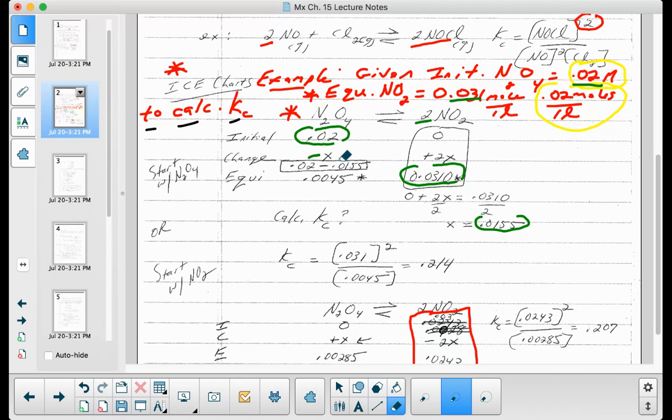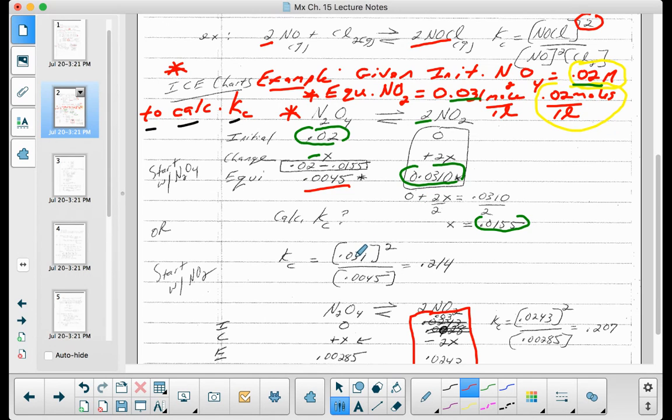So when I do this, I now know what my equilibrium concentrations are. I know that the N2O4 is 0.0045. This one was originally given.